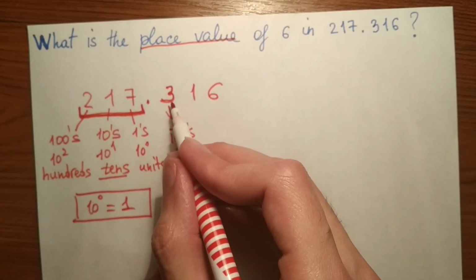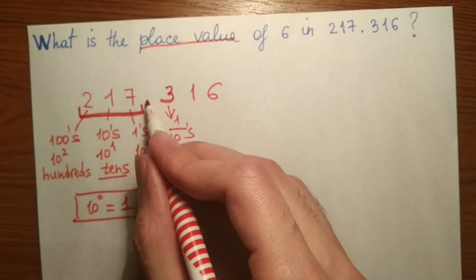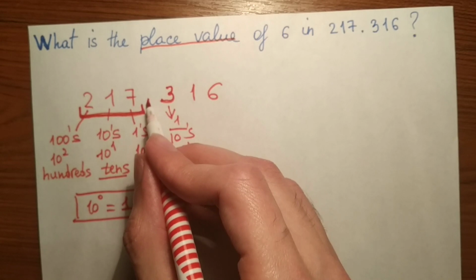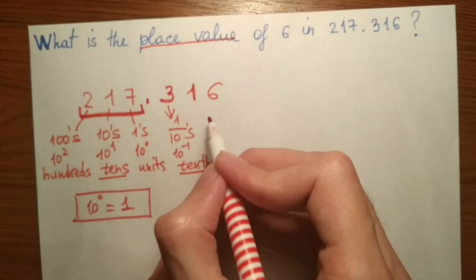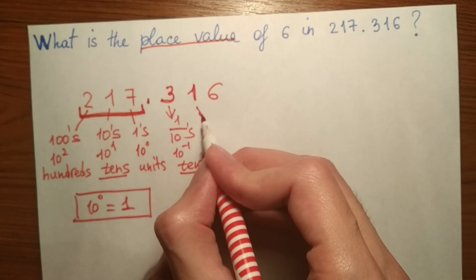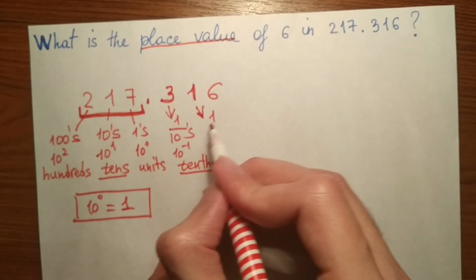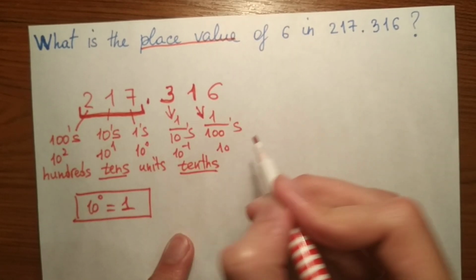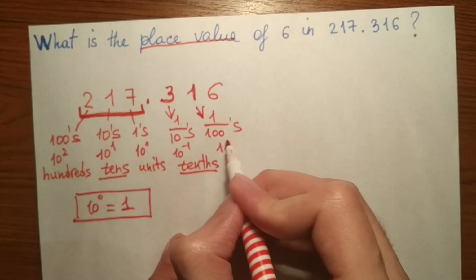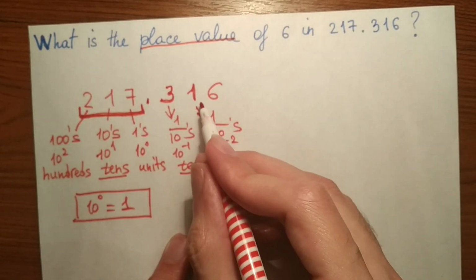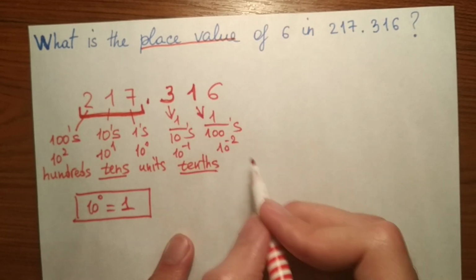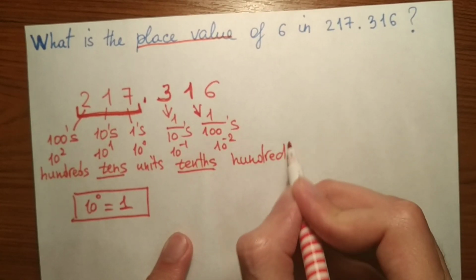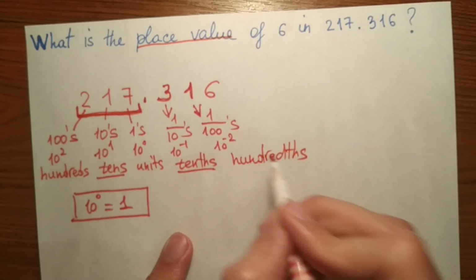And if you go two places to the right from this point, 1 here is going to represent 1/100, or we could write it like 10 to the -2, and the written form of this number will be hundredths. This is the written form.